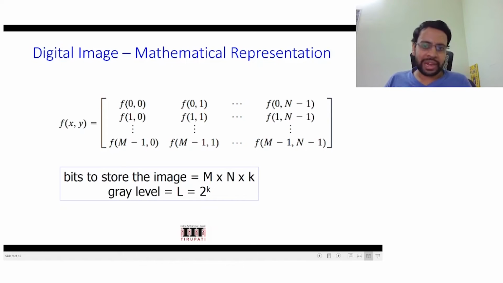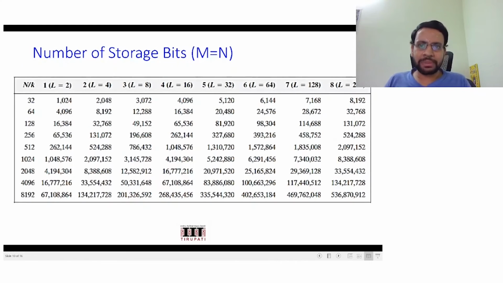Assume for the time being that the number of rows is equal to the number of columns, and assume that here the first column is showing you the number of rows and columns that you have in an image. So it says the image size, for example, for the first row is 32 by 32, so 32 rows and 32 columns.